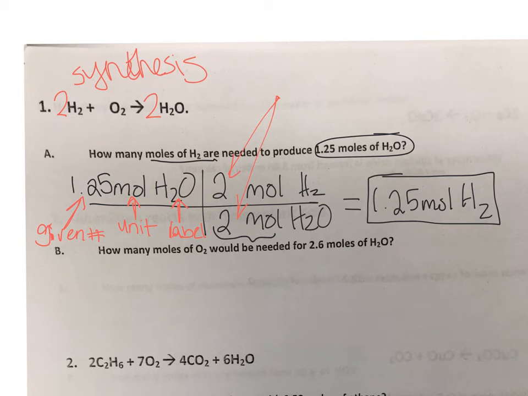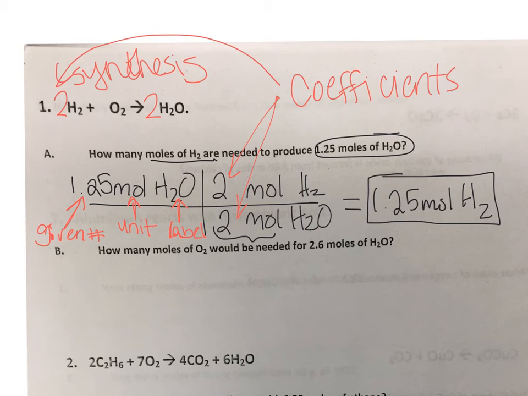These two numbers were called what? Not the mole ratio. I just want what are the two numbers called specifically? Coefficients. Good. All right, so go ahead and write that. Okay, and put an arrow so that you know for the future where you got them from in your balanced equation.